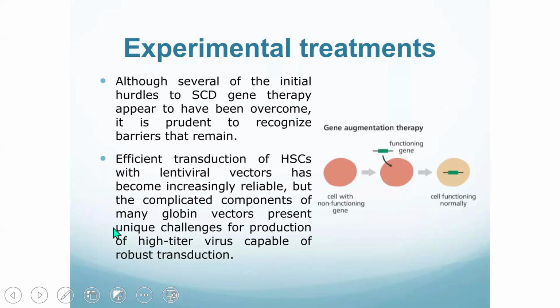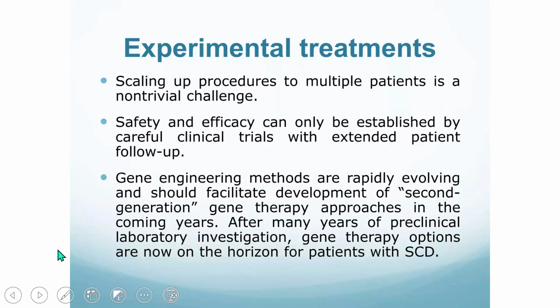But the complicated components of many globin vectors present unique challenges for the production of high titer virus capable of robust transduction. So in experimental treatment, scaling of results to multiple patients is a non-trivial challenge.